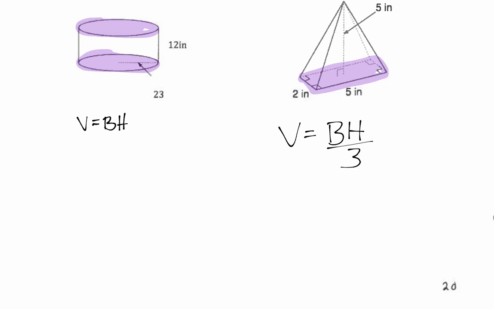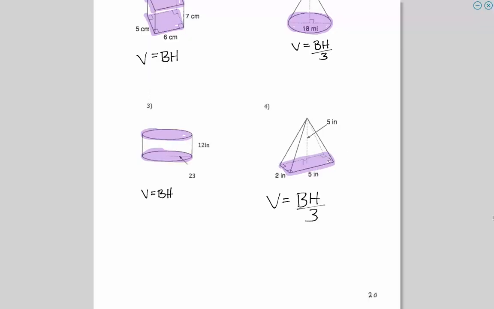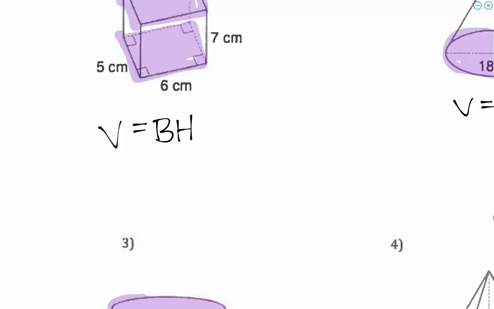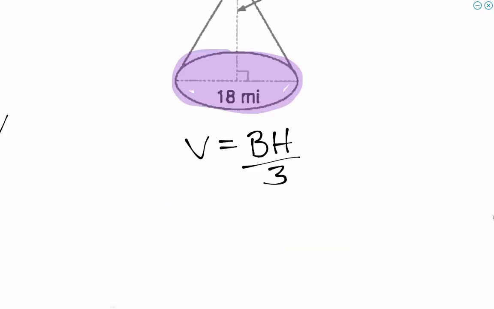And now I'm going to focus on the shape of that base, because that's what's going to tell me what capital B is going to be. Since it's a rectangle, base is going to be length times width. Since it's a circle, base is going to equal pi r squared.